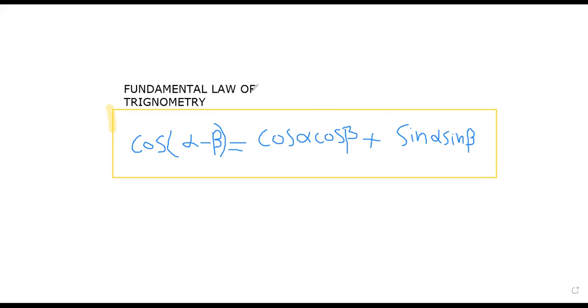So after this we will discuss what is the distance formula. Second, we will see what is the distance formula.